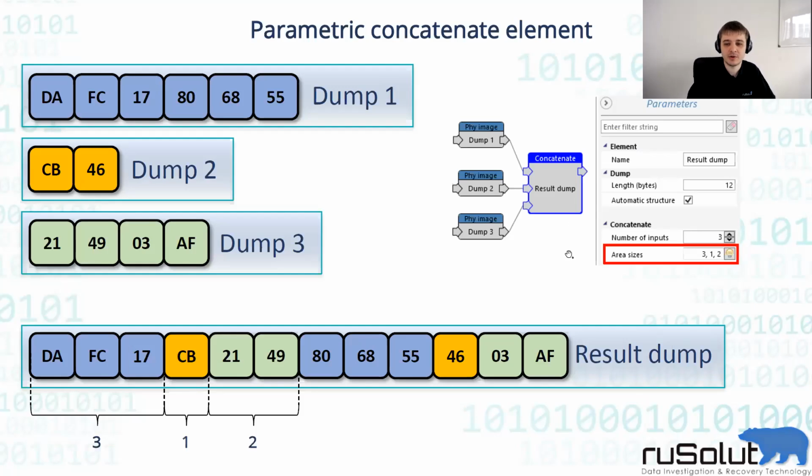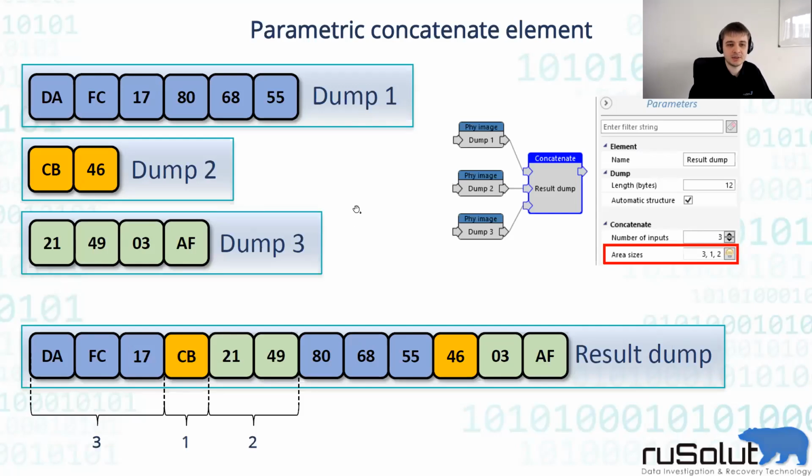These rules are written in the area sizes field by numbers. For example, we have here 3 different dumps for different images. Let's assume we have really small dumps. The first dump is 6 bytes, the second dump 2 bytes, and the third dump 4 bytes.